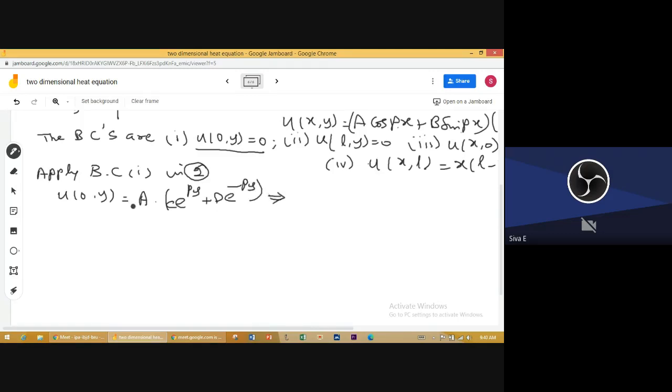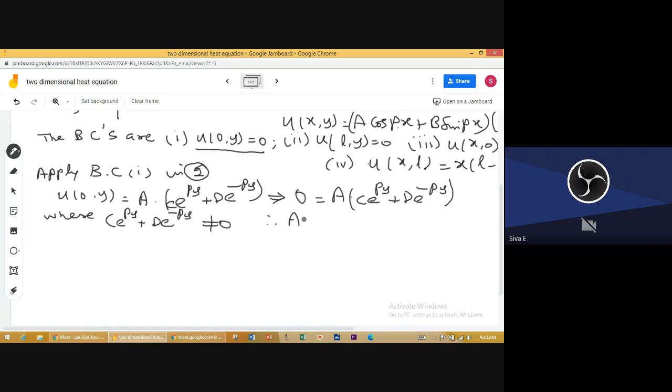But what is u(0, y)? u(0, y) is 0, right? So 0 = a (c e^(py) + d e^(-py)). Here c e^(py) + d e^(-py) is not equal to 0.